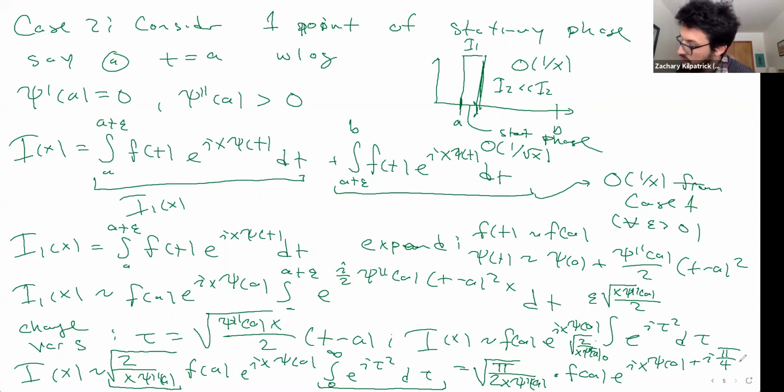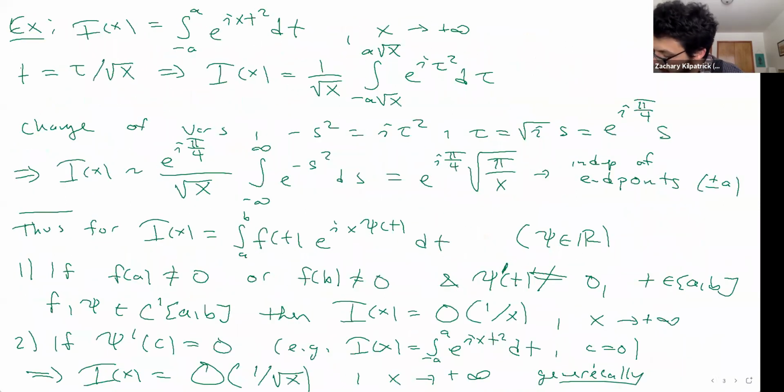If you remember, before we had this integral between minus infinity and infinity. We just cut that in half to get this integral here. If I flash back to that integral from minus infinity to infinity, without the x, I would just get a square root of pi, e to the i pi over 4, but then it's just half of this, so I get the integral from 0 to infinity.